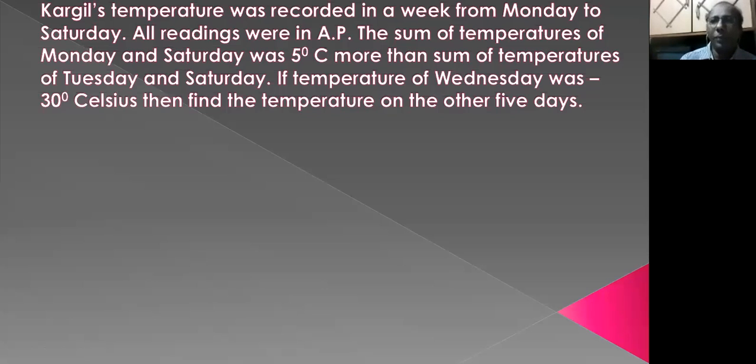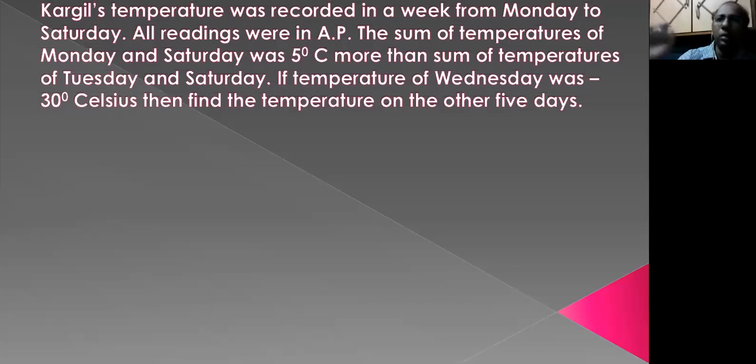This is the first condition: the sum of temperatures of Monday and Saturday was 5 degrees Celsius more than the sum of temperatures on Tuesday and Saturday. Now, if the temperature of Wednesday is 30 degrees Celsius, then find the temperature on the other 5 days. Did you understand the question?